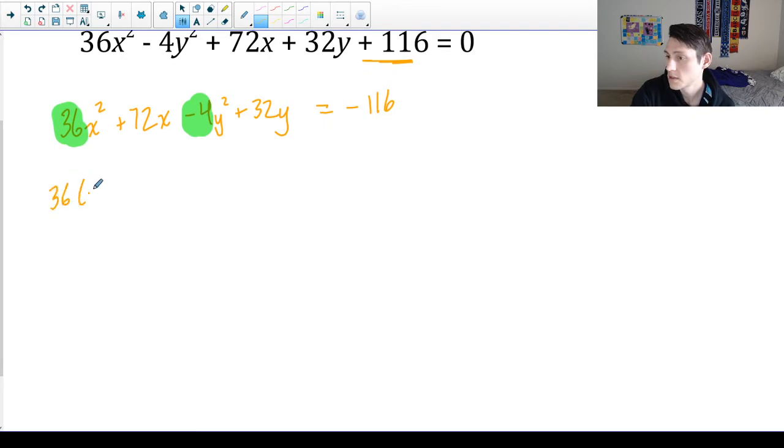So 36 times x squared plus 2x. Let me leave myself some space so I can complete the square. Minus 4 times y squared minus 8y equals negative 116.